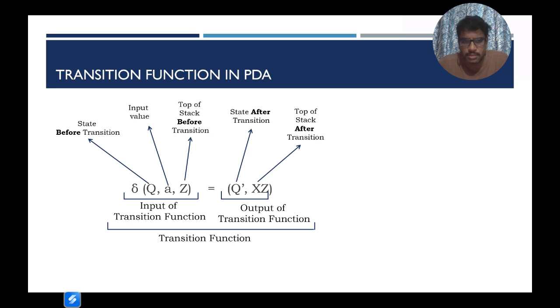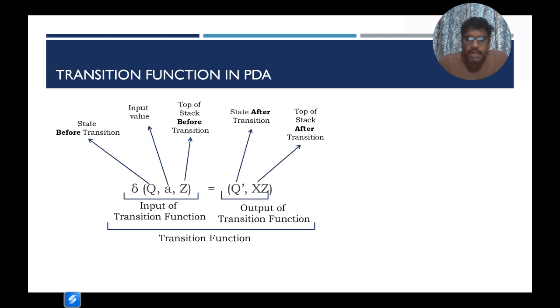After the transition, q becomes q dash, that is, it moves to the new state by reading the input symbol a.